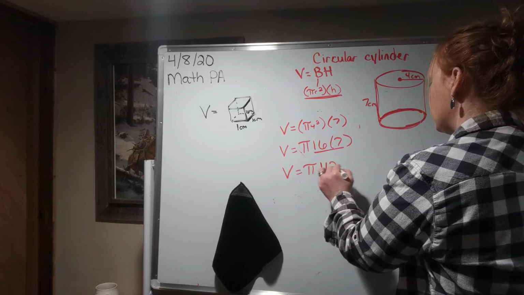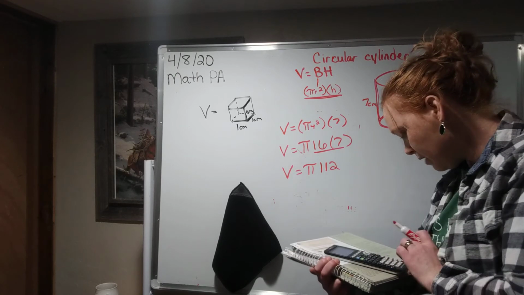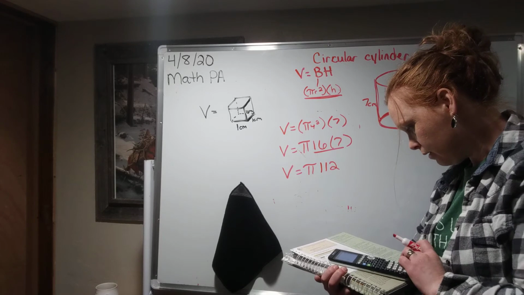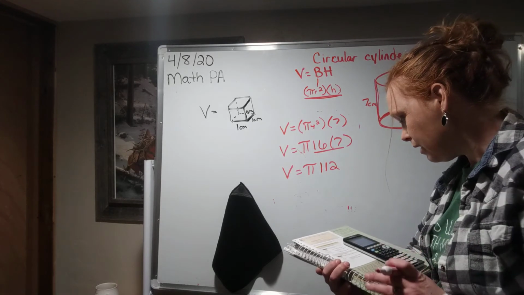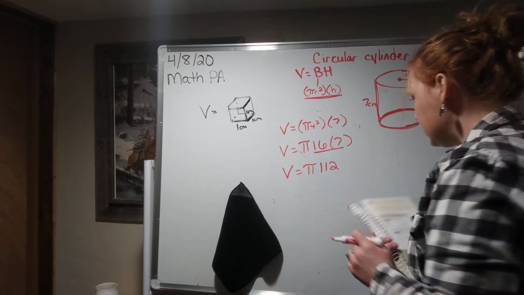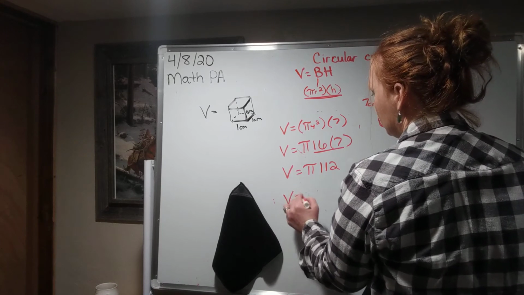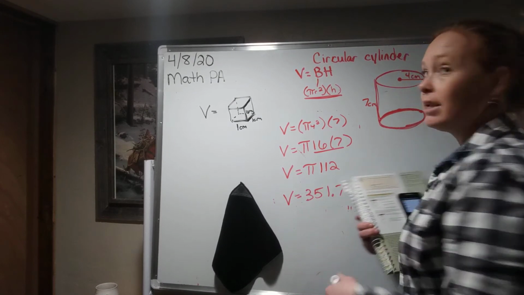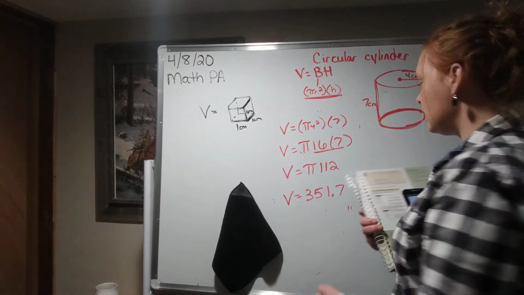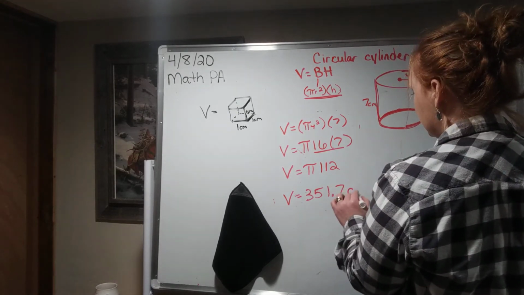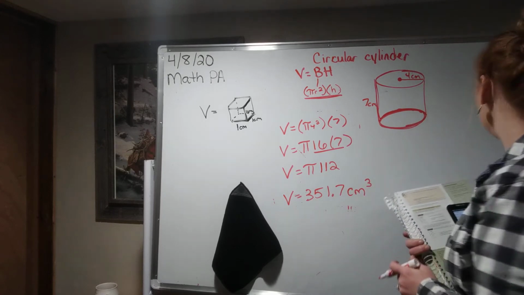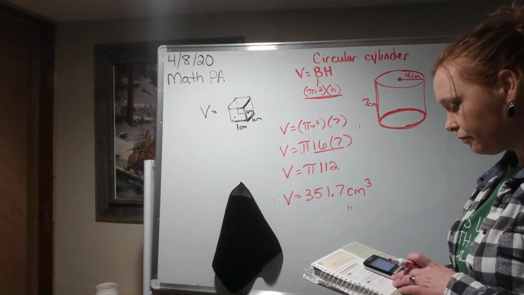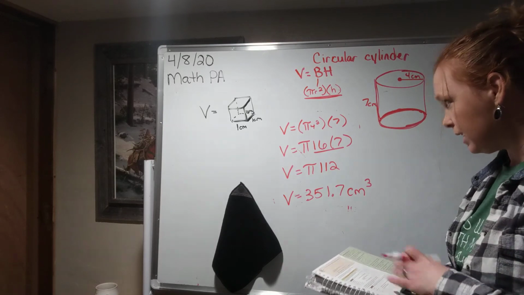Pi 112. And I'm going to take my 112 and multiply it times 3.14. And I got 351.7. So the volume equals 351.7. If you got 6/8, then you just round it to the nearest tenth. Okay, and it was in centimeters cubed because we're finding the volume. Okay, let's move on to example 4.